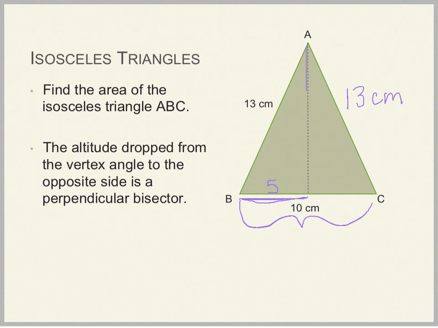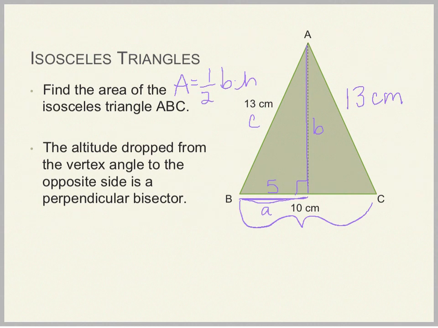So what I need to know in order to find the area of a triangle, which is 1/2 the base times the height, is what is this height? Well, we have created a right triangle out of this, where I know that one leg, A here, is 5 centimeters. The other leg, B, we do not know, and C, our hypotenuse, is 13 centimeters.